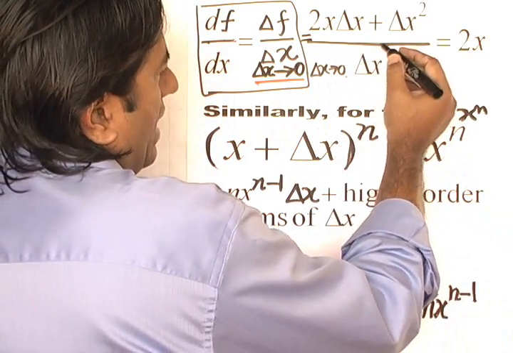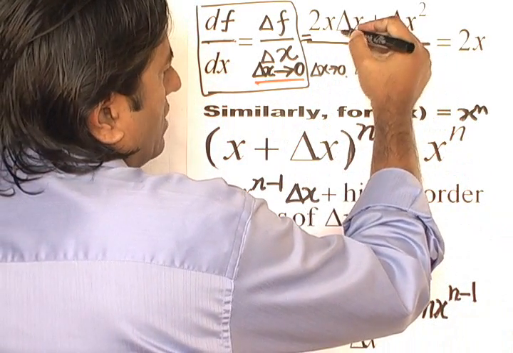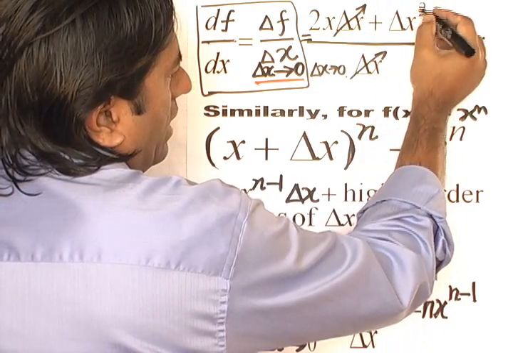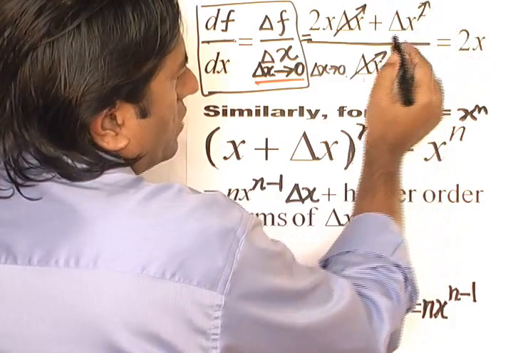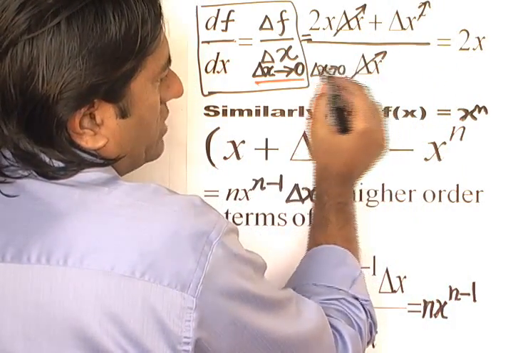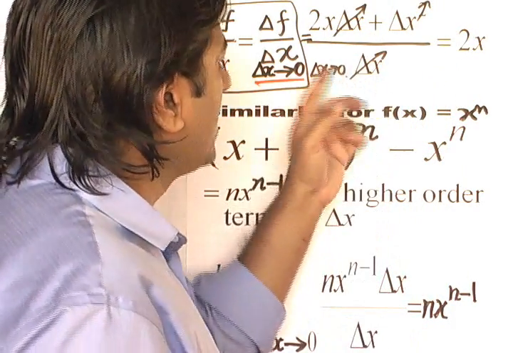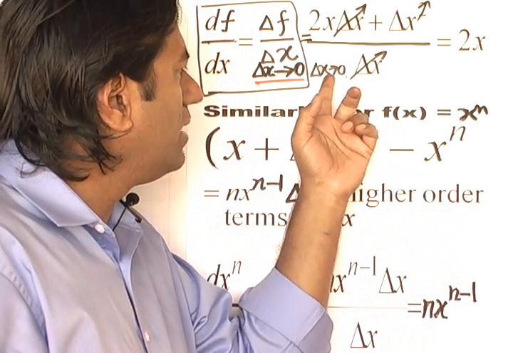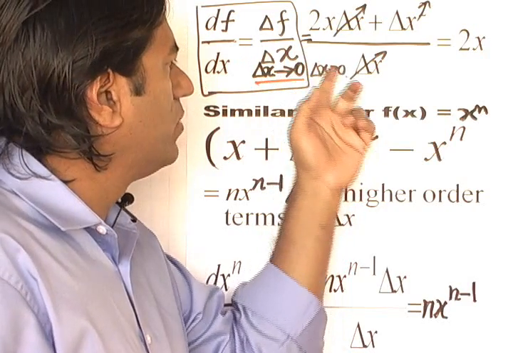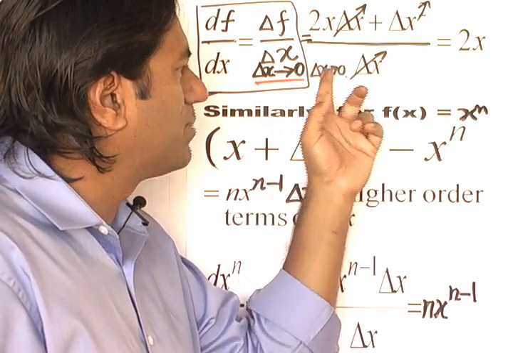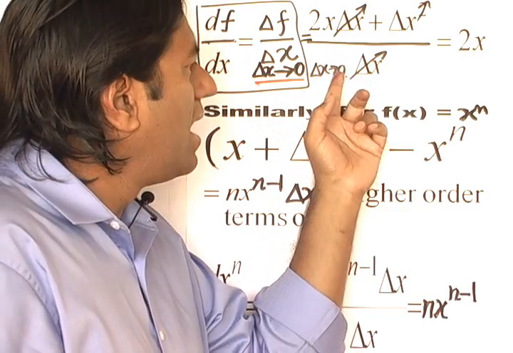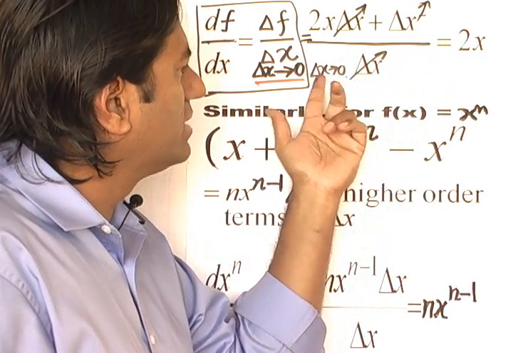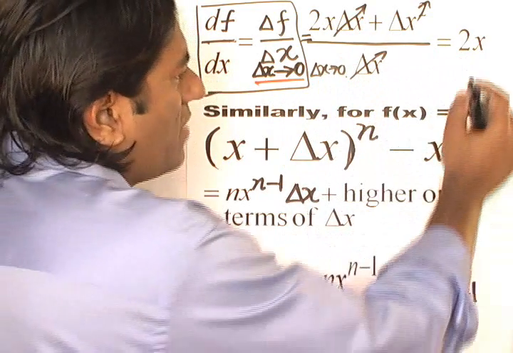Now this delta x cancels out with this one, and then from here the x squared goes away, so you are left with 2x plus delta x as delta x tends to 0. So you say that it is equal to this as delta x approaches the limit 0, and then you can ignore this delta x because it is approaching 0, so all you have left is 2x.